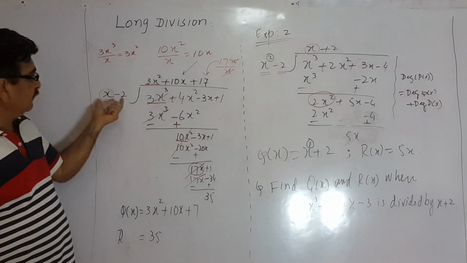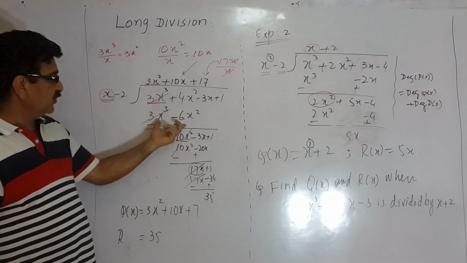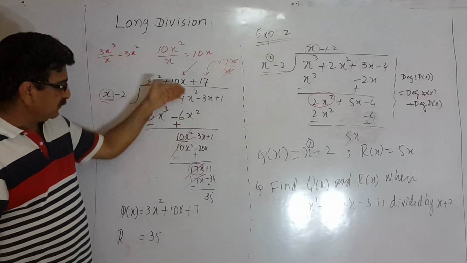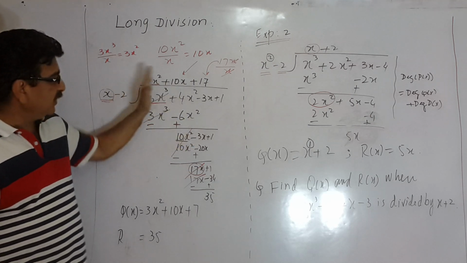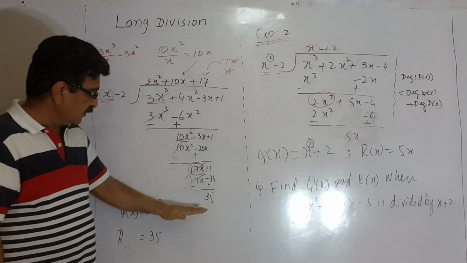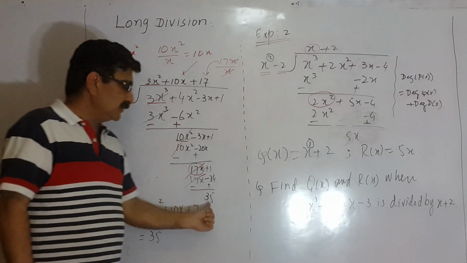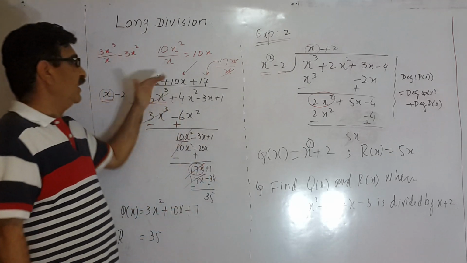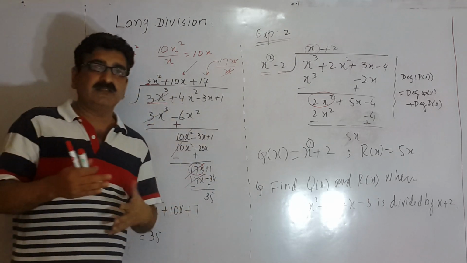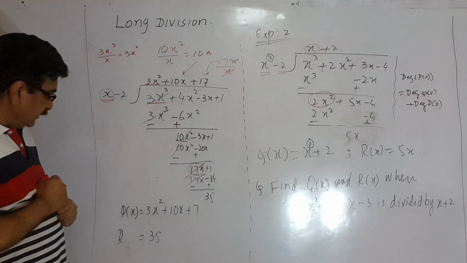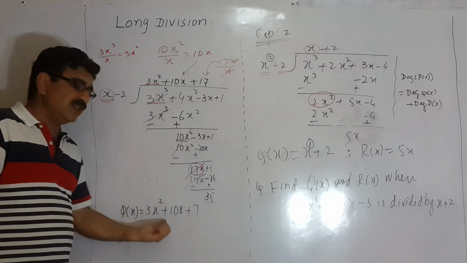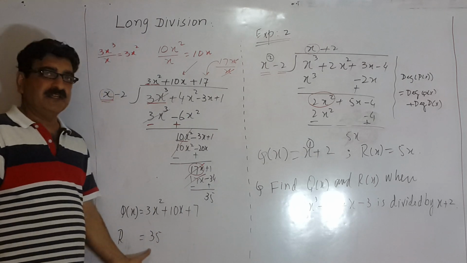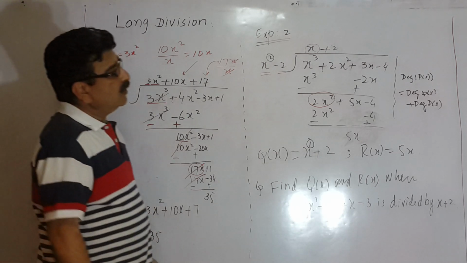The first term multiplied with this, we get this expression. After subtracting, we get this, and repeating all the steps similarly, we get our remainder and the quotient. This is the complete process of the division, and so we write the quotient here and the remainder is 35. Now there is another example.